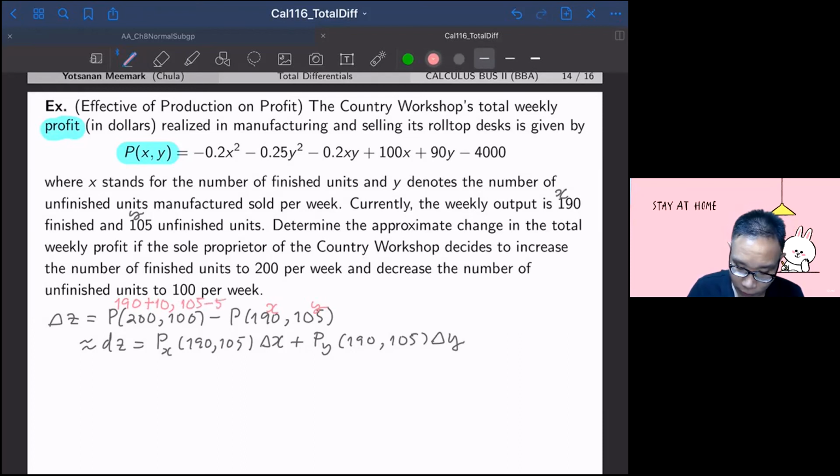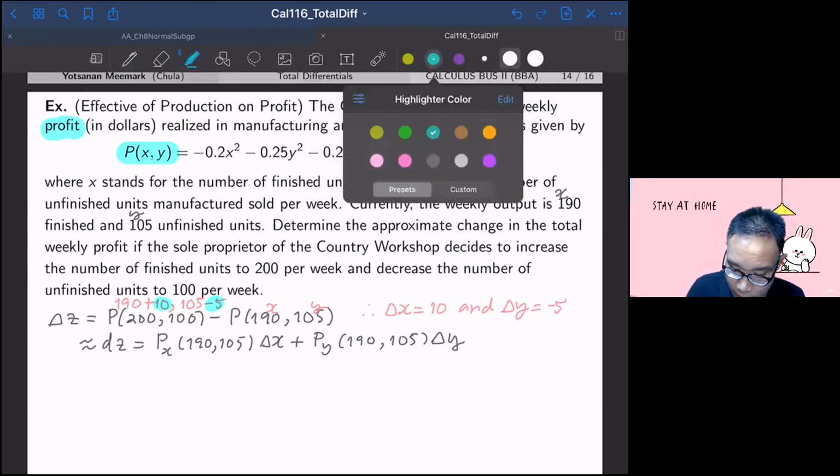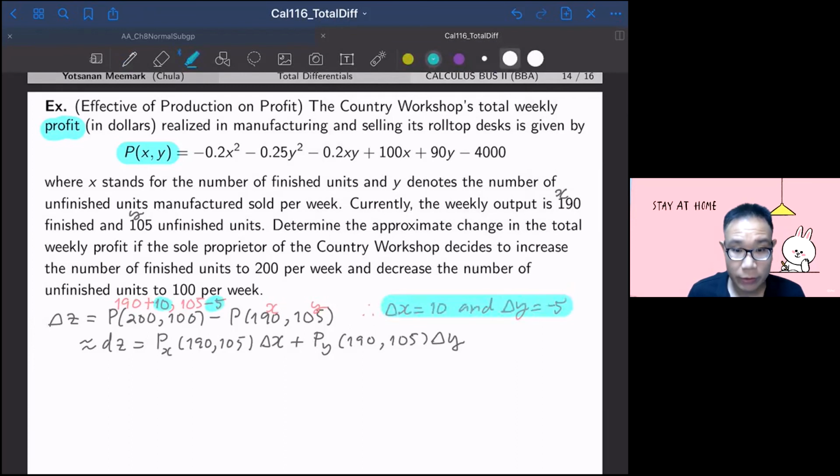This allows you to conclude that delta x equals 10 and delta y equals negative 5. So they are ready for us.